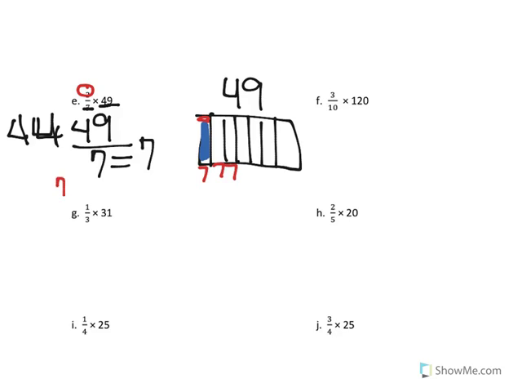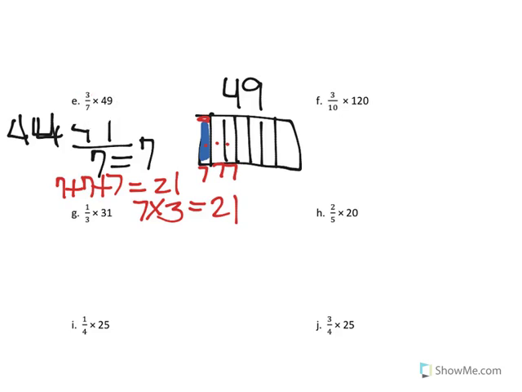So I can do 7 plus 7 plus 7, which equals 21. Or I can do 7 times how many squares I have, 1, 2, 3, or times my numerator, which also equals 21. So 3/7 times 49 is 21. Okay?